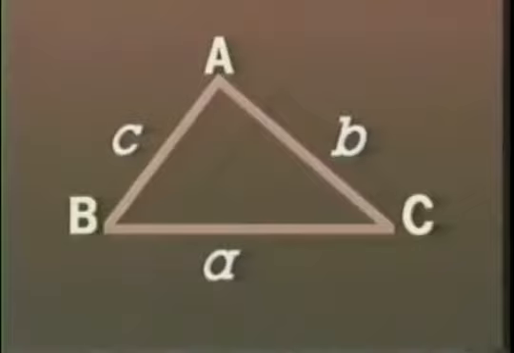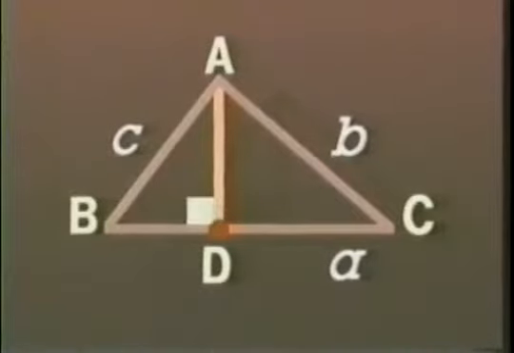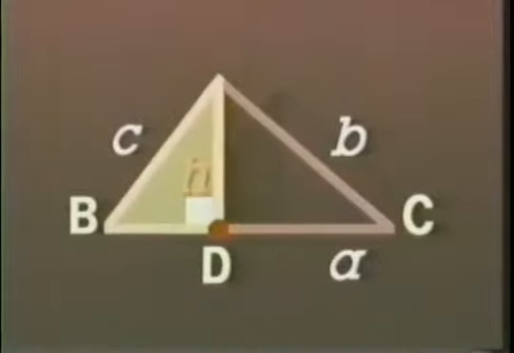We'll begin by dropping a perpendicular from angle A to a point on side BC. Call this point D. Let's make the length of AD h units. We now have two right triangles, ADC and ADB.